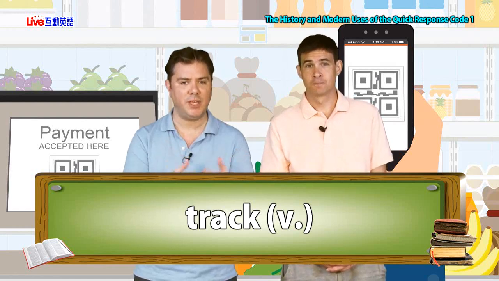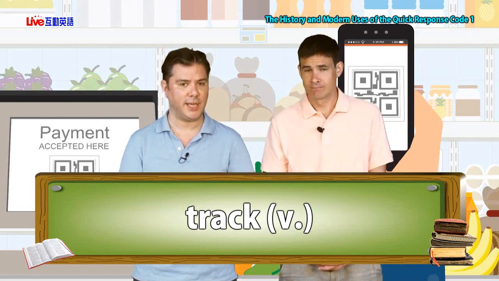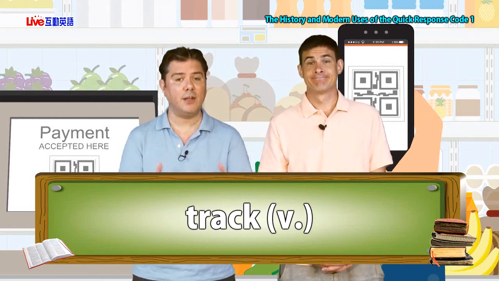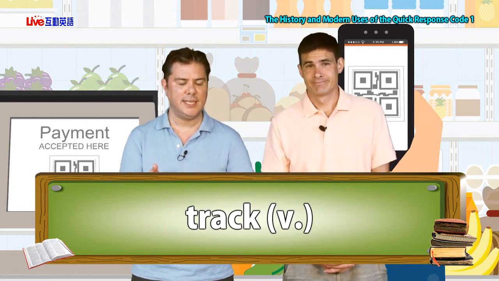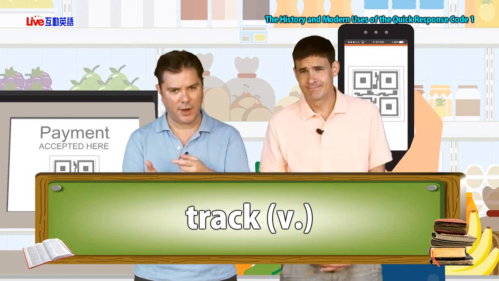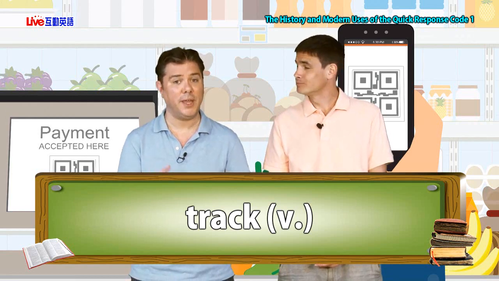You can use GPS to track your car as you drive around or your motorcycle as you drive around. And of course, if you order something online, that company often gives you a special website and it will say where your package is and when it's expected to arrive at your home. It's tracking the package. For example, animal control tracked the dog to a nearby park, maybe using some technology of some kind.